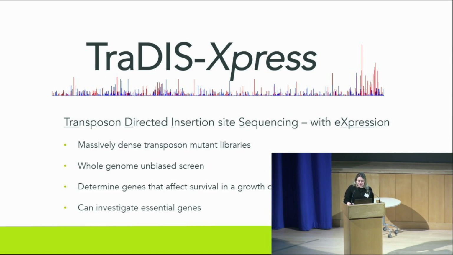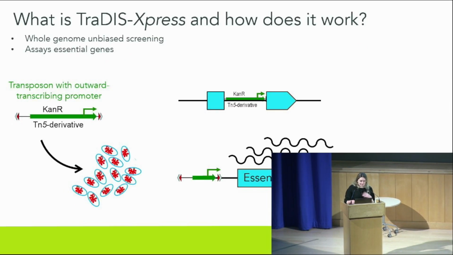At the Quadrum, we developed TraDIS-Xpress. It's different from other transposon mutagenesis techniques because of our incorporation of this outwards transcribing promoter in the transposon. In normal transposon mutagenesis, we insert the transposon into a gene, it inactivates the gene, and you can look at how gene activity versus inactivity affects survival under any stress.